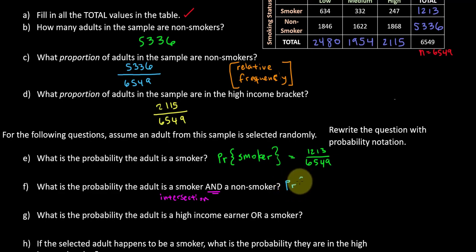So the probability that a randomly selected individual is a smoker and a non-smoker is 0. Right? These are disjoint events, or mutually exclusive, right?